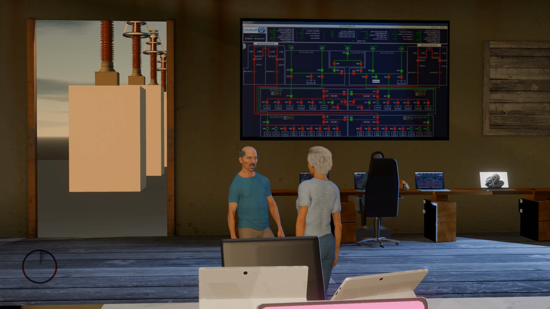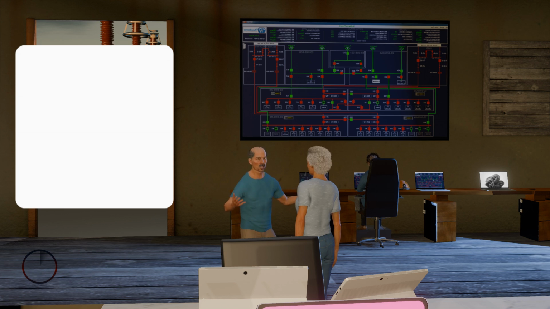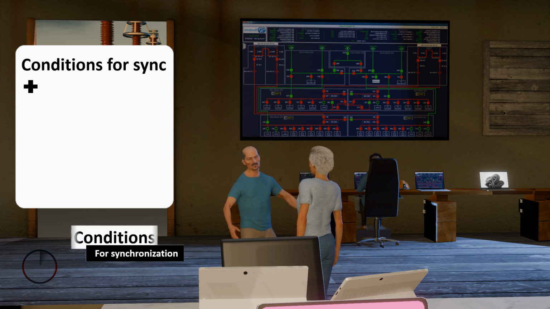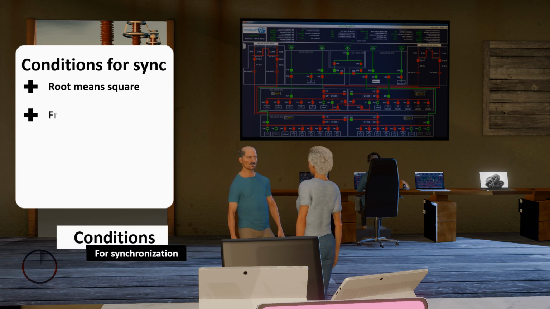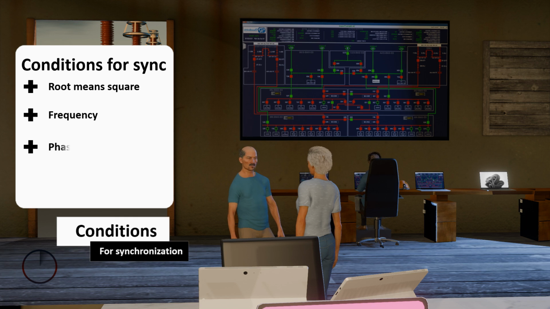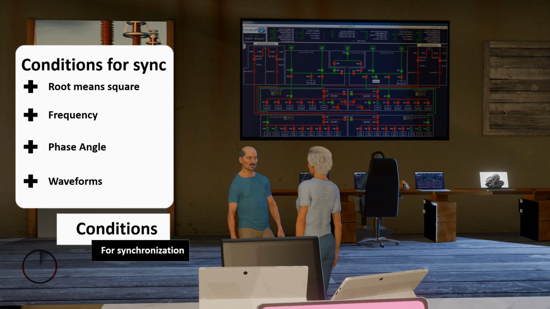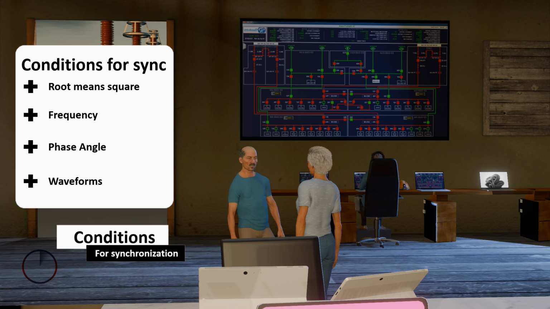That said, there are some conditions that must be met before the generated electric power can be interconnected together in a grid system. These conditions are root mean square voltage, frequency, the phase angle, and the waveform of the grid which is being synchronized.